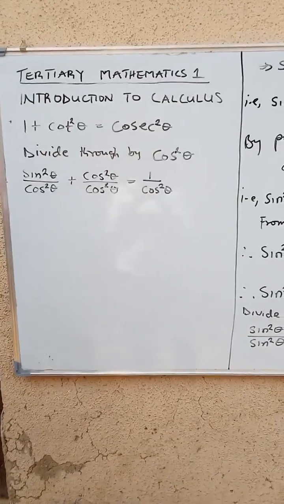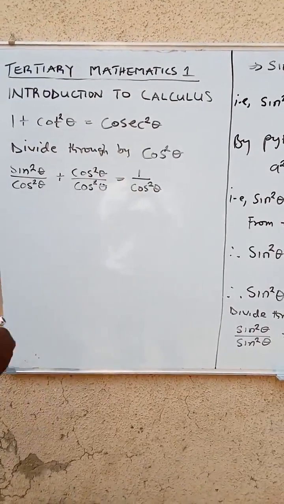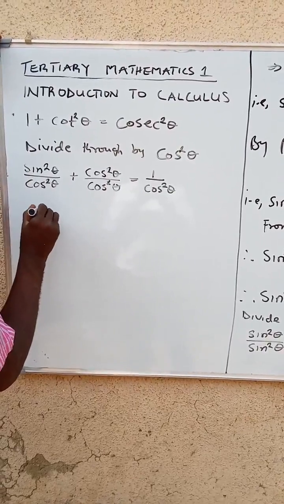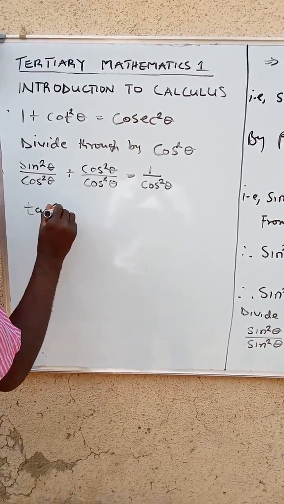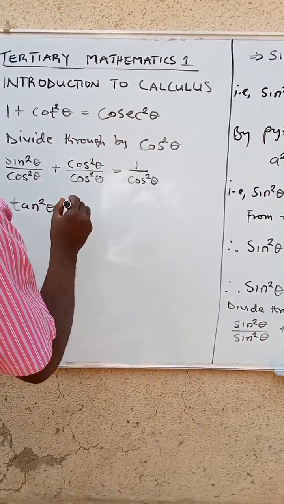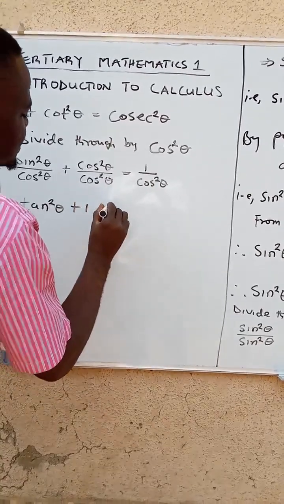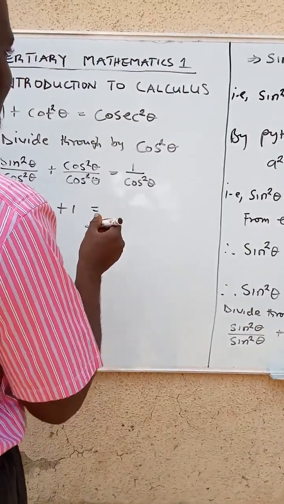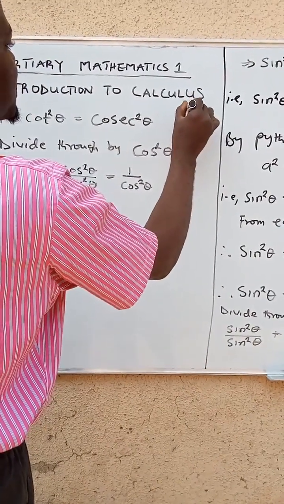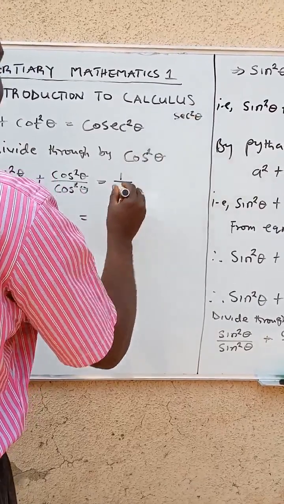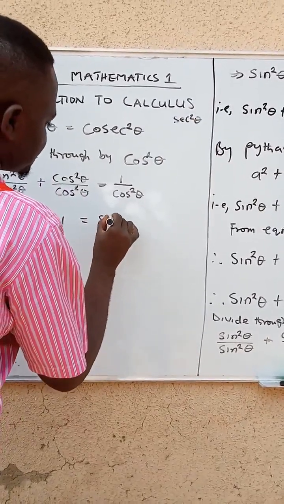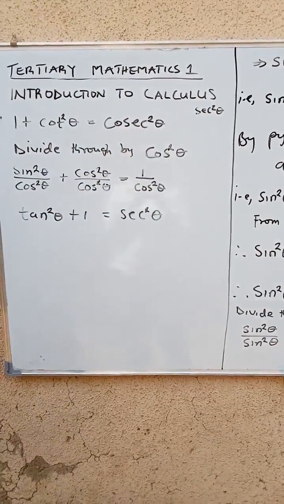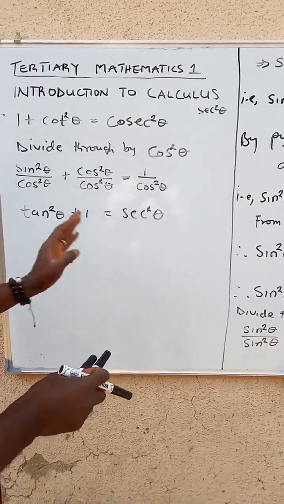In this case, sine over cos is tan, so I have tan². Cos² over cos² is 1, so 1 plus tan² is equal to 1 over cos². And I said that 1 over cos² is sec², so we have sec². So this is what we have in this line.